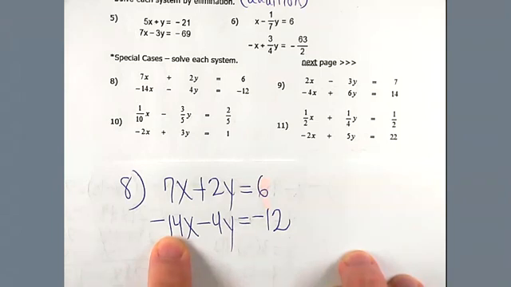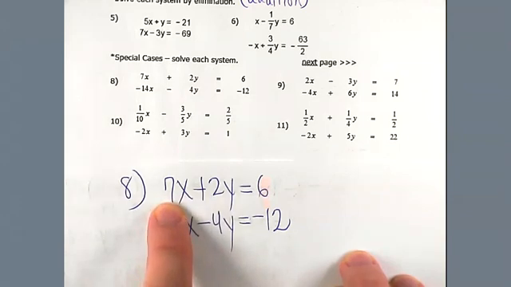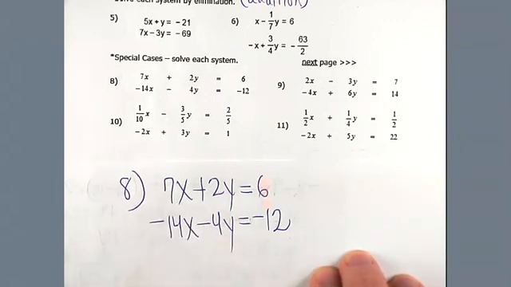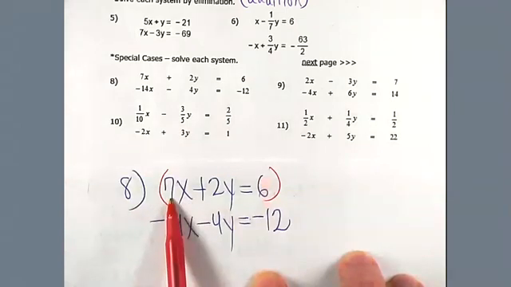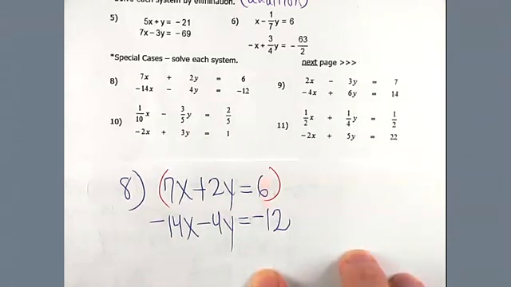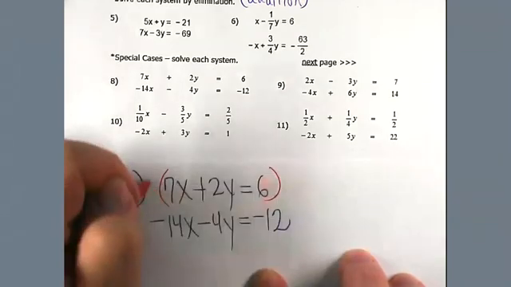Now, in order to eliminate the x's, this first number, we have to turn it from 7 into 14. Well, you just think, how much could 7 go into 14? Seven can go into 14 2 times. So that tells you what you have to multiply the entire first equation by, a positive 2.